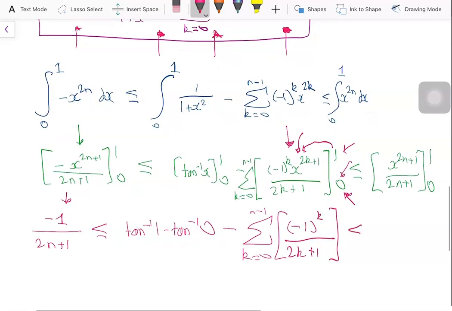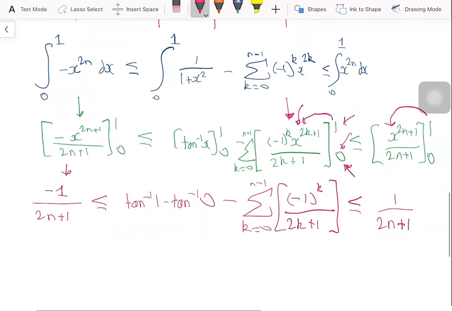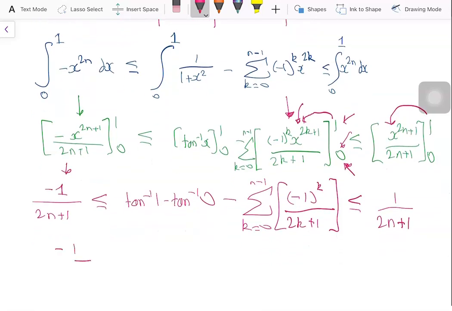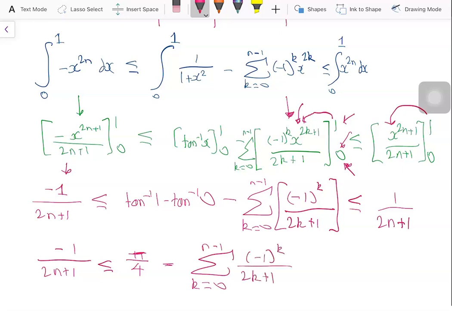And this is at most, again, you can put 1 here and 0 here, and we'll get 1 over 2n plus 1, because 1 to the power of 2n plus 1 is 1. So now we have negative 1 over 2n plus 1 is at most tan inverse of 1, which is pi over 4, and tan inverse 0 is 0. Now we have minus this sum as at most 1 over 2n plus 1.